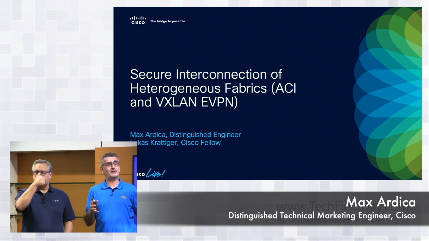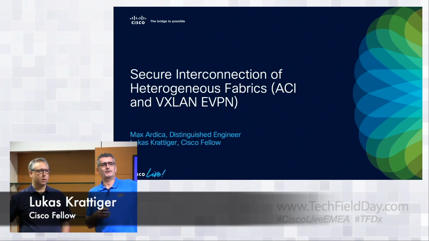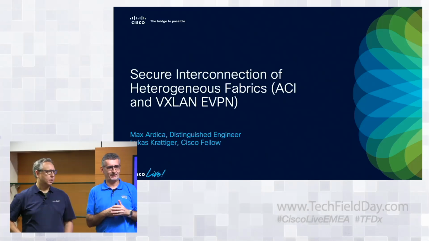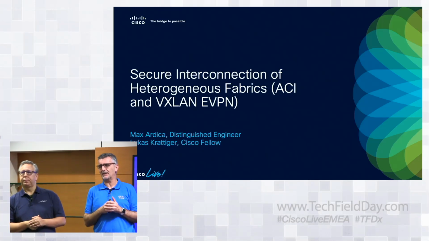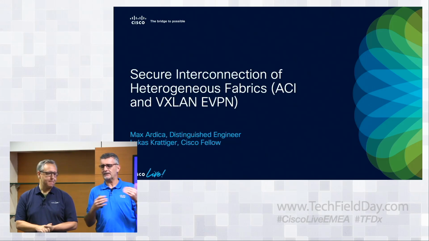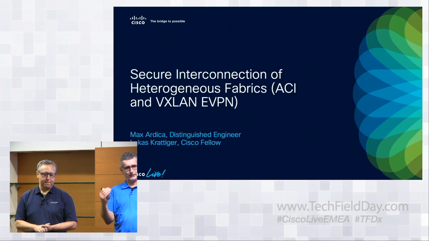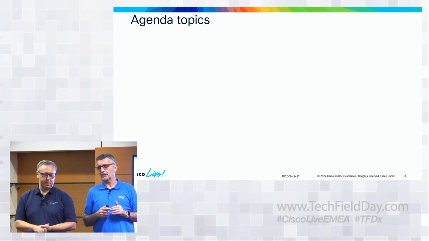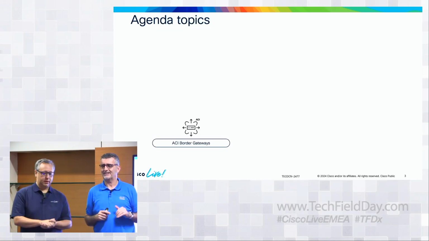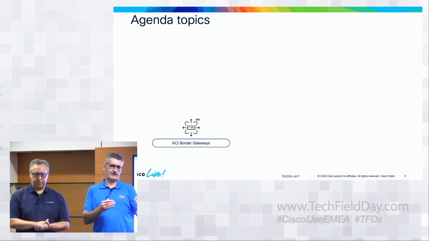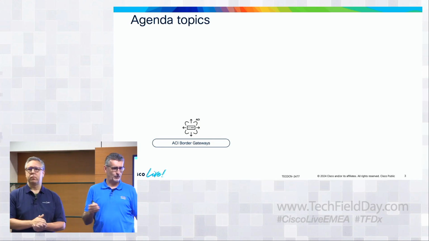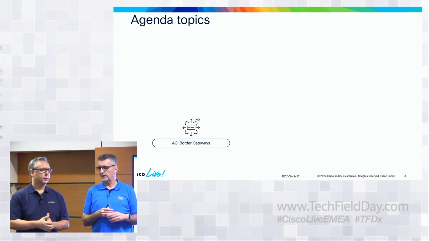So actually this session is a perfect segue for what we just saw at the end of the previous session. What was it about? Secure group tags. Secure group tags, right? So what we're going to talk about today is how to secure interconnecting heterogeneous fabrics, data center fabrics, but not only data center fabrics. We're going to bring up a couple of new functionalities that we're going to introduce in the next 3 to 6 months in our NXOS code for the Nexus 9000 platform.